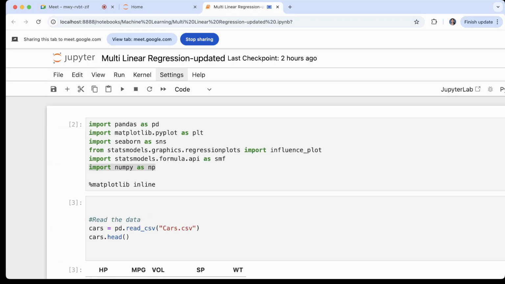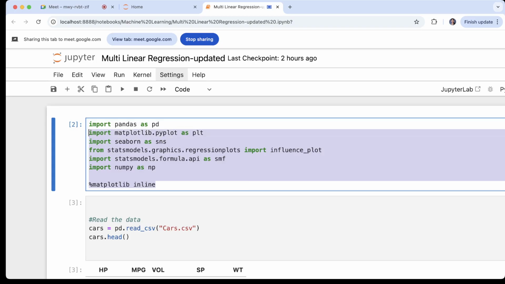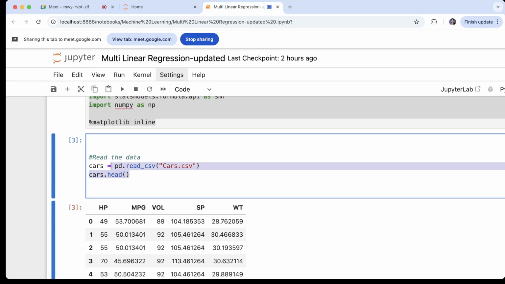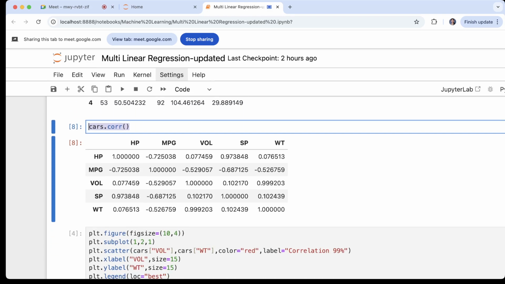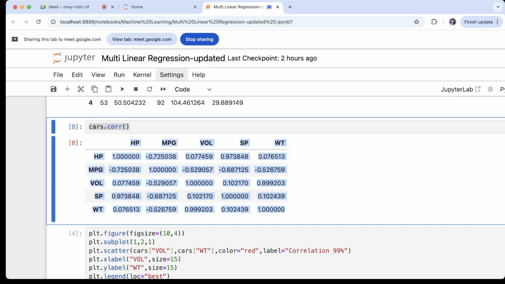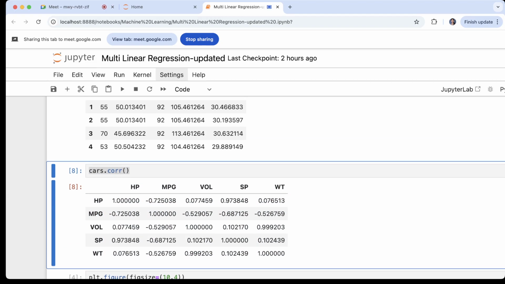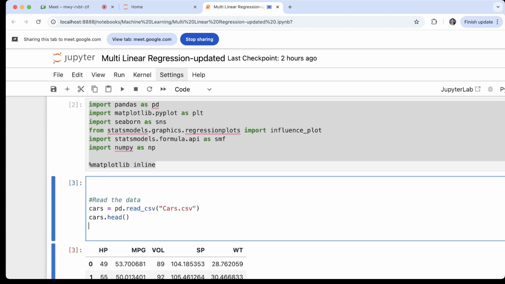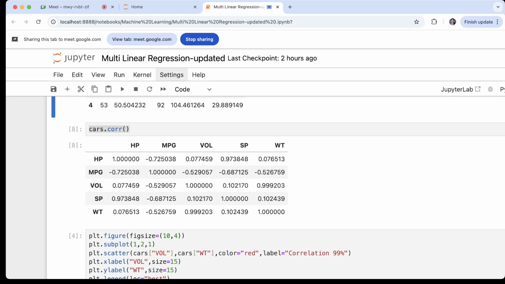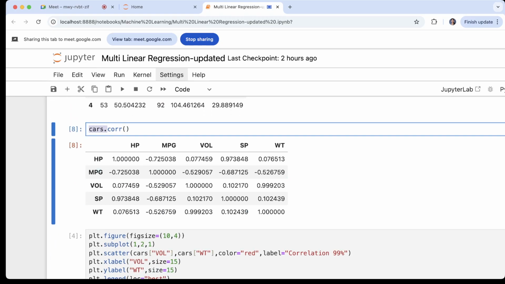So here we imported all the libraries, then we read the data, and then we found the correlation. You have read the cars data, right? I have stored it in the variable cars. If I do cars.corr with the brackets, it will give me the correlation.